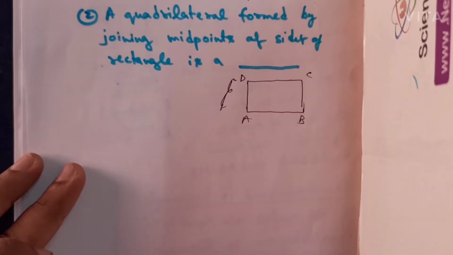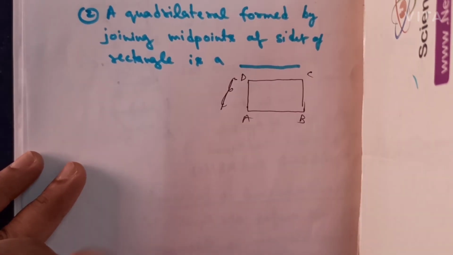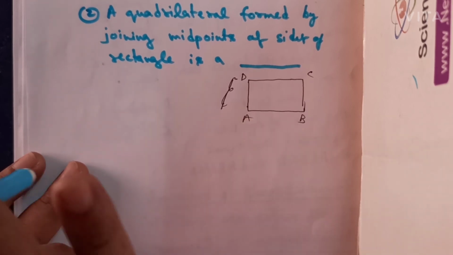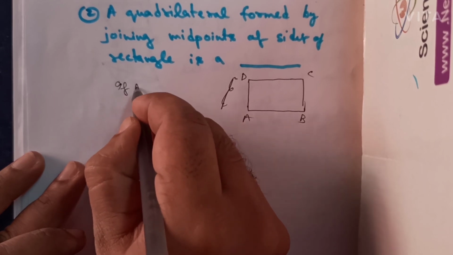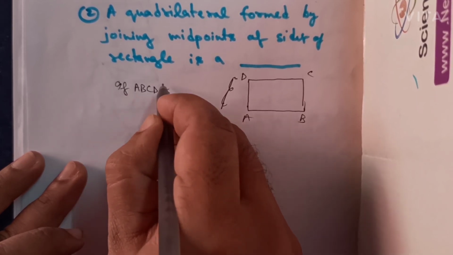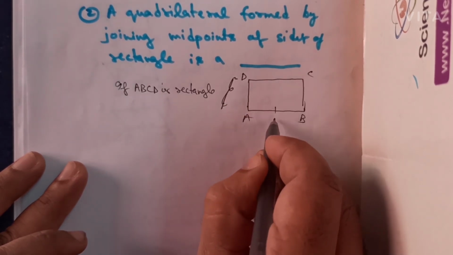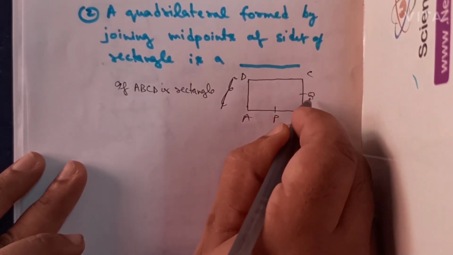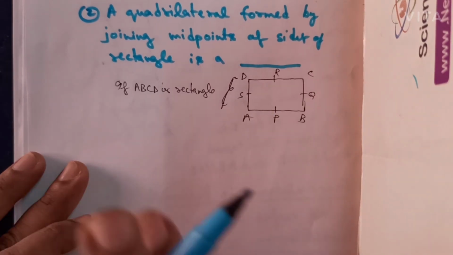Okay. Now similarly, a quadrilateral formed by joining the midpoints of sides of a rectangle. Now ABCD is a rectangle. If ABCD is a rectangle, then P, Q, R, S are the midpoints of the sides AB, BC, CD and DA.